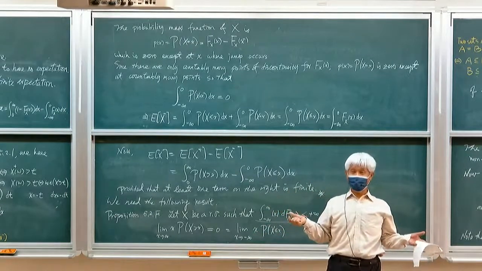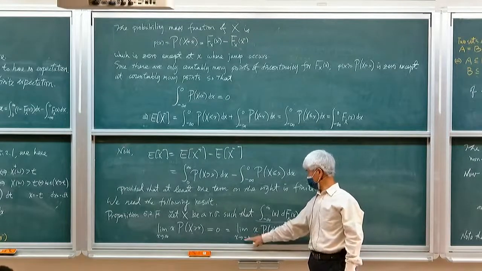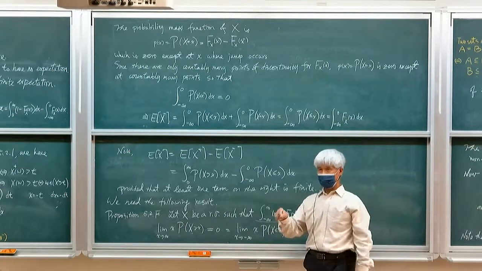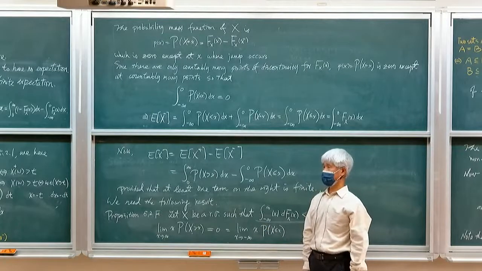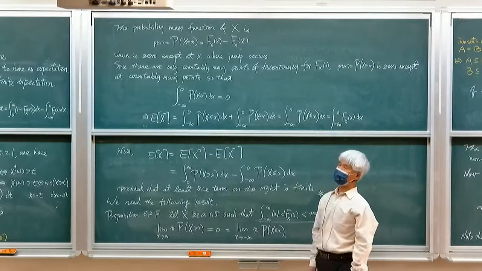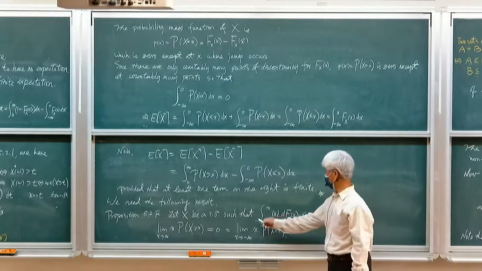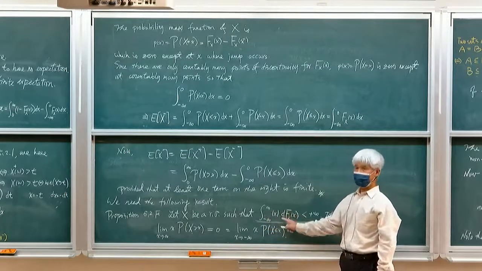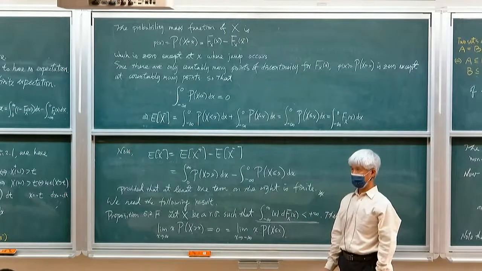The result is that even though x goes to minus infinity, this probability goes to 0 faster than x, so this product goes to 0 too. But the importance is that you have to know this Riemann-Stieltjes integral is finite.